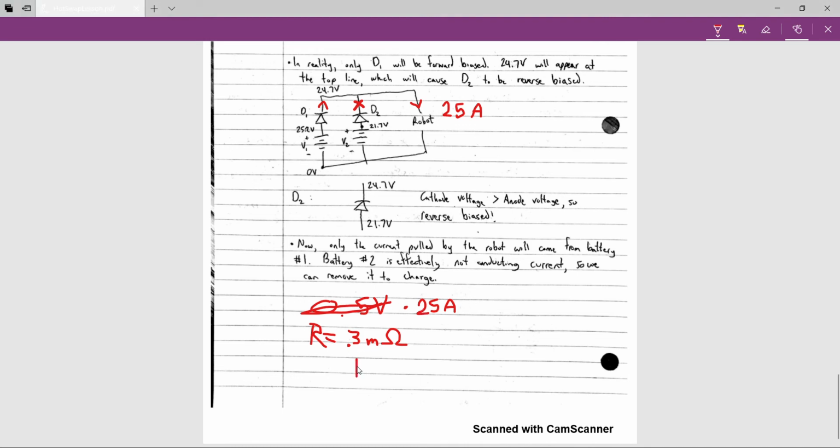So I'll use something like P equals I squared R. Off the top of my head, I can't really do that, but 0.3 of 0.3, 0.09 times 1/100th of this, something like 2.5 watts, and that sounds closer to a correct value.